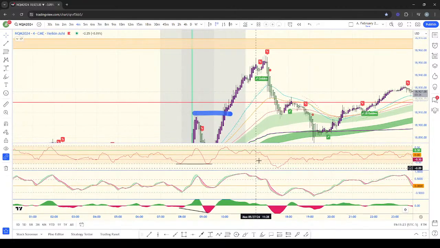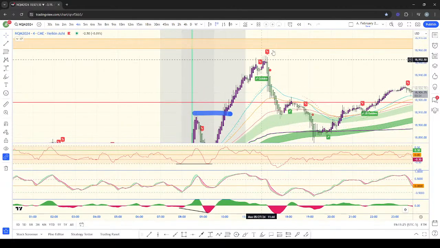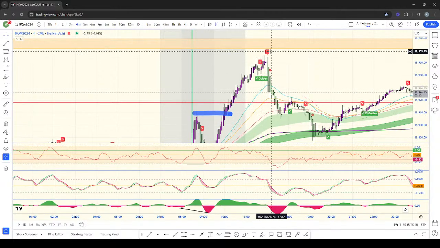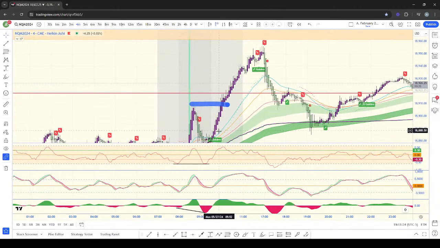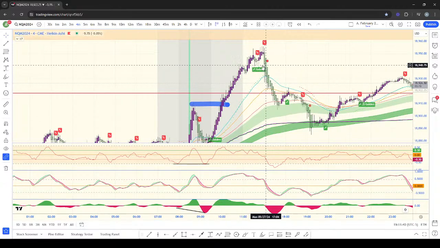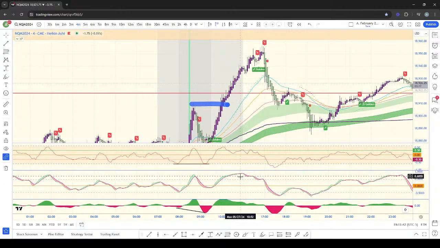But what's really important that's happening over here is you do have a couple of nice reversal signals right in here, and price was overextended. There was some really nice buying pressure right in here, and my TSI had already crossed, and momentum is showing it's going downwards.